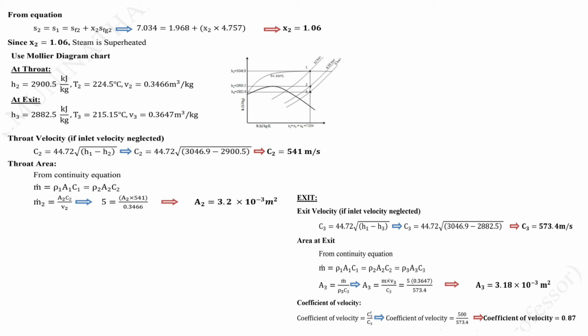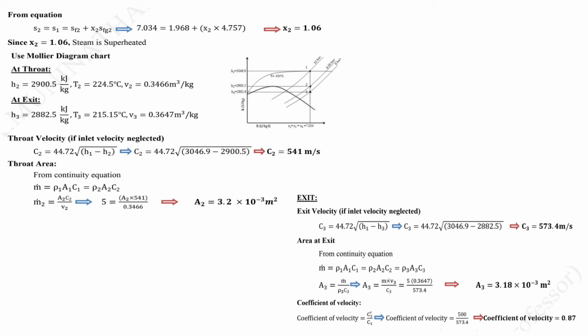From that we can calculate the mass flow rate at the throat M2, and find the area. Then the exit velocity, if inlet velocity is neglected, is given by the formula 44.72 square root of H1 minus H3.